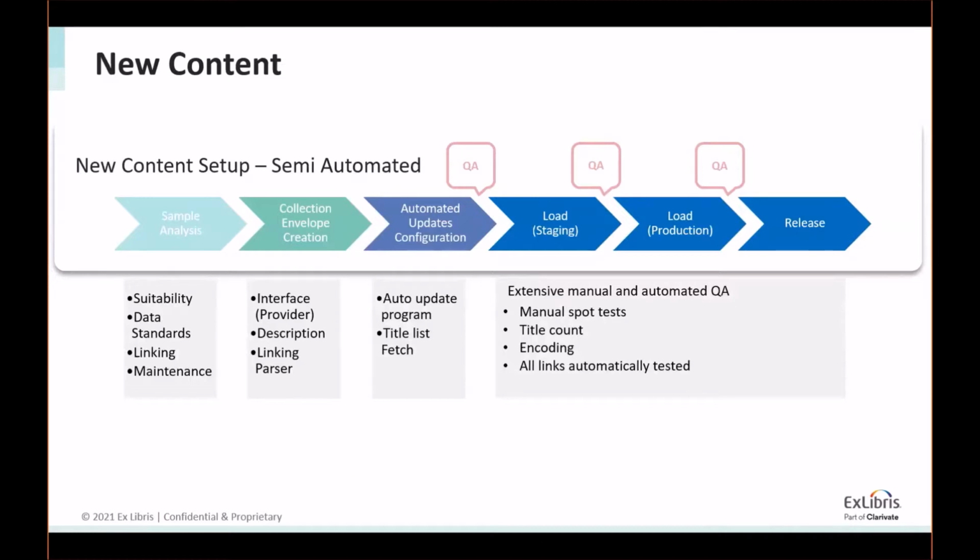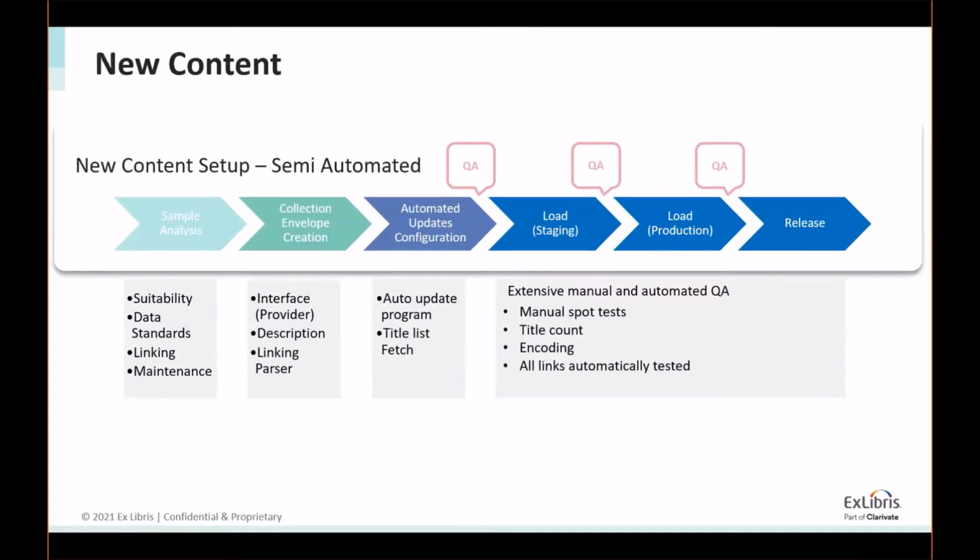KBART, for example, is a good example of a suitable format which can be easily ingested. We also check the linking syntax in the title list to understand if any manipulation should be done on the links. And basically, we just try to estimate if the collection in question can be maintained on an ongoing basis.